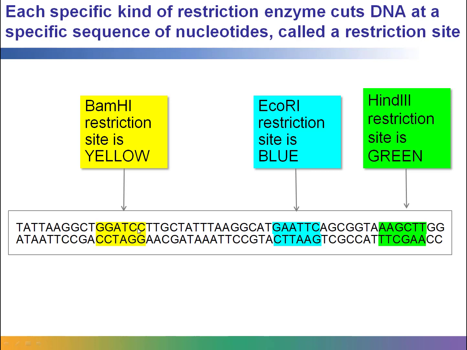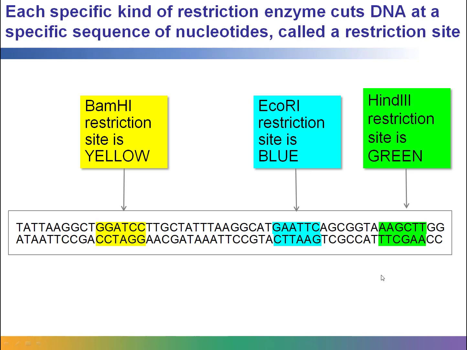If you look at them, you'll notice that if you read it this way or this way, they're the same. The letters are in the same order. That's called a palindrome. So when the base pairs are in the order so that if you read them from left to right or right to left, they're essentially the same. And you'll see that again here, GAATTC, and it goes in the same order, just backwards.